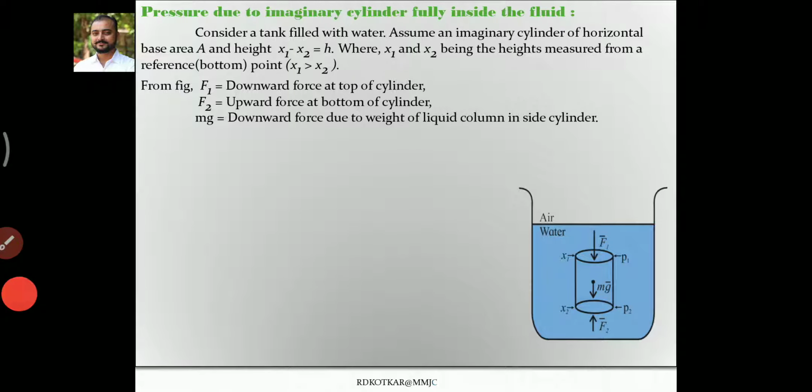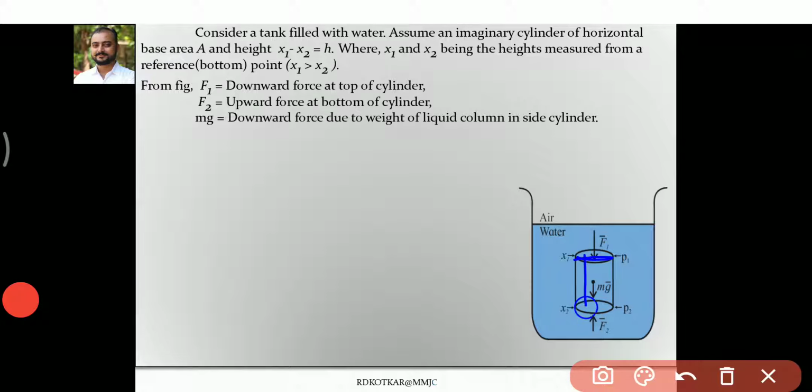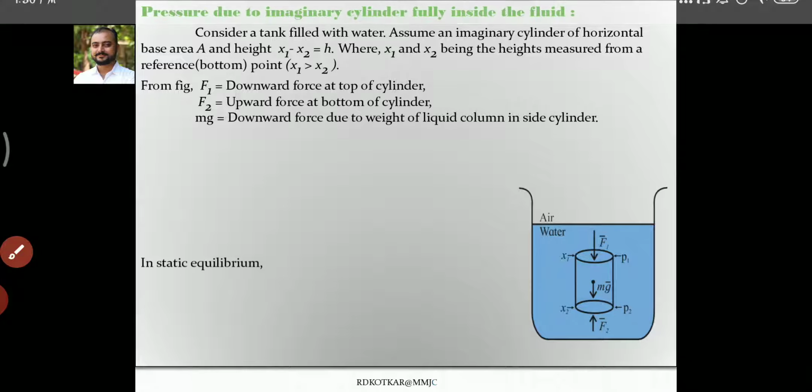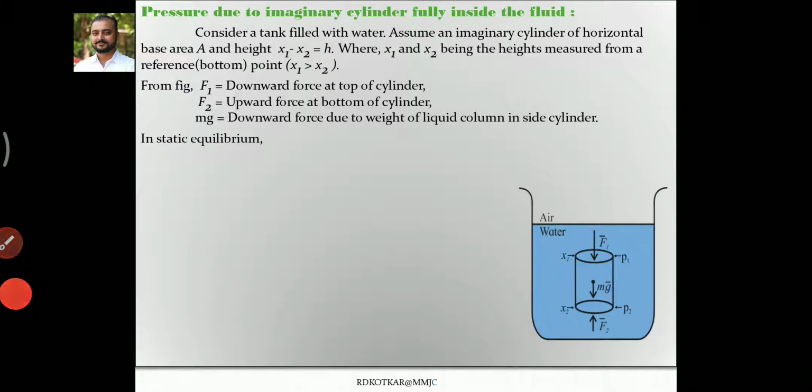Then the weight mg is a downward force due to the weight of the liquid column inside the cylinder. This cylinder consists of liquid molecules, and these liquid molecules have a certain weight, acting in a downward direction. When the cylinder is in static equilibrium, two kinds of forces are acting: an upward force and a downward force.